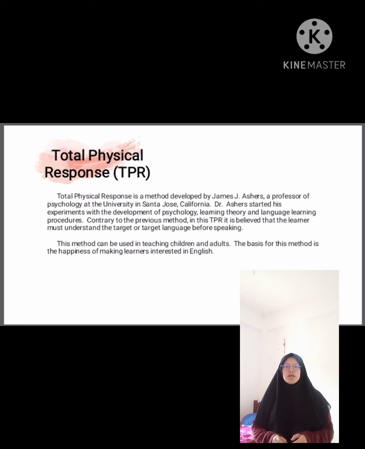In this TPR, the teacher will practice what he is going to teach. For example, when teaching the nose, he will touch it. This method can be used for teaching children and adults. The basis for this method is the happiness of making learners interested in English.